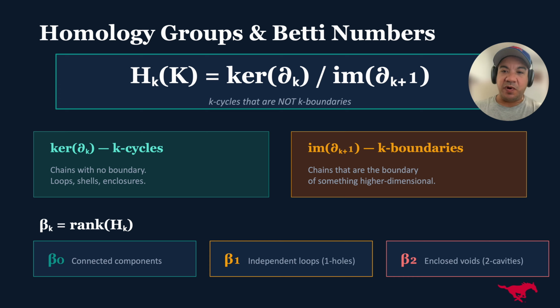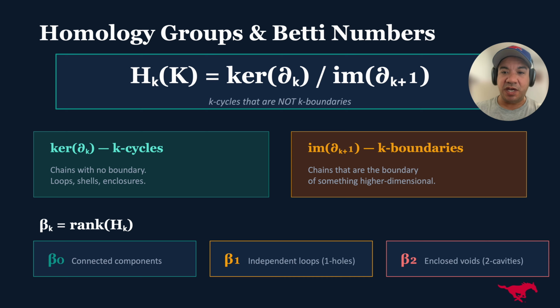The image of partial k plus 1, that's everything that is the boundary of something higher dimensional. These are called k-boundaries. Homology is the quotient, cycles that are not boundaries, a loop that isn't the edge of any filled region. That's a genuine hole.